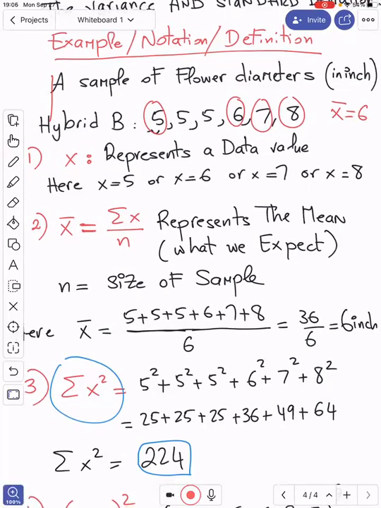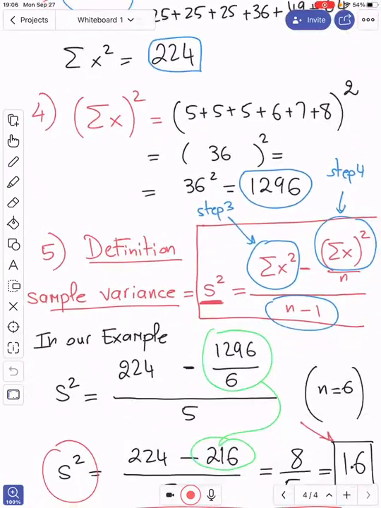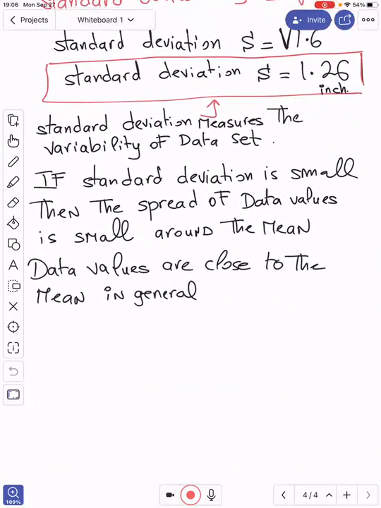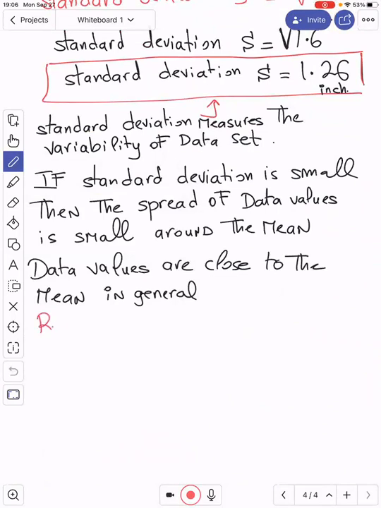Remember, in hybrid A, let me just remind you what we had. We have hybrid B, first hybrid A. What are the values of hybrid A?